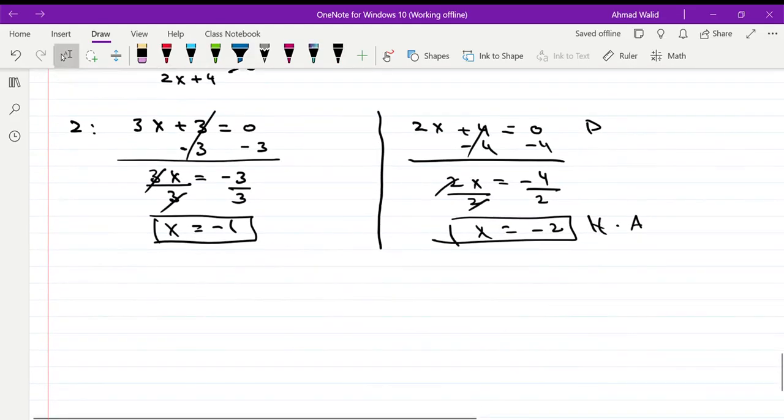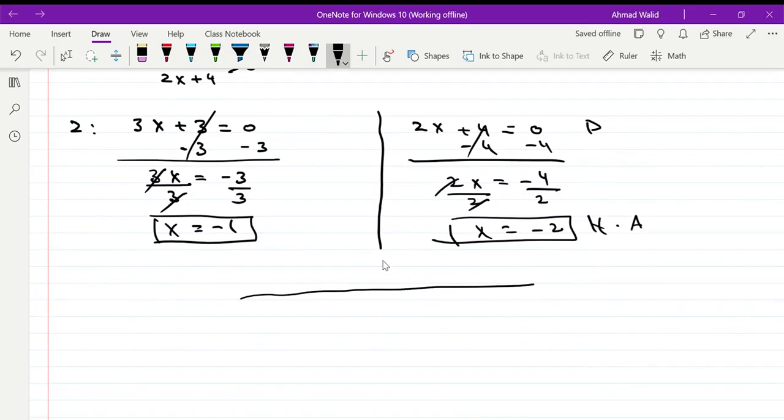Next step was drawing a number line and put these numbers on it, right? This is your number line. I have -2 and I have what? -1. Here positive infinity, here negative infinity. And this one, I don't recommend you to use the quick method, the true-false method. No, because it's rational inequality. Sometimes you have to pick a test point from each region, or I can call it from each interval.